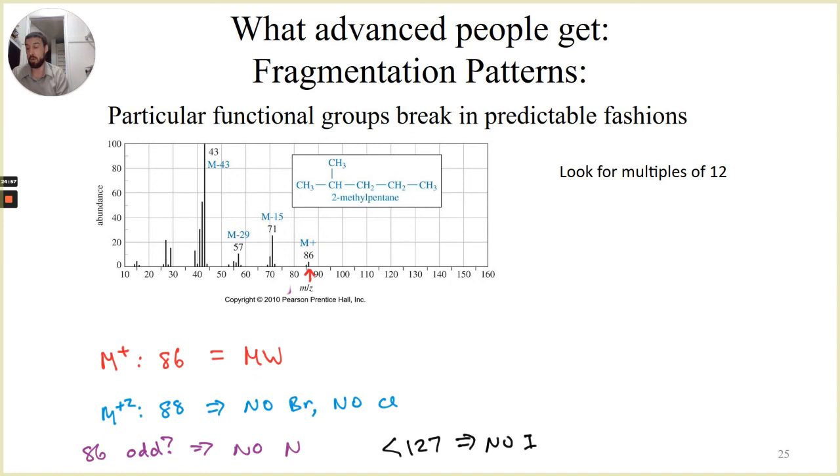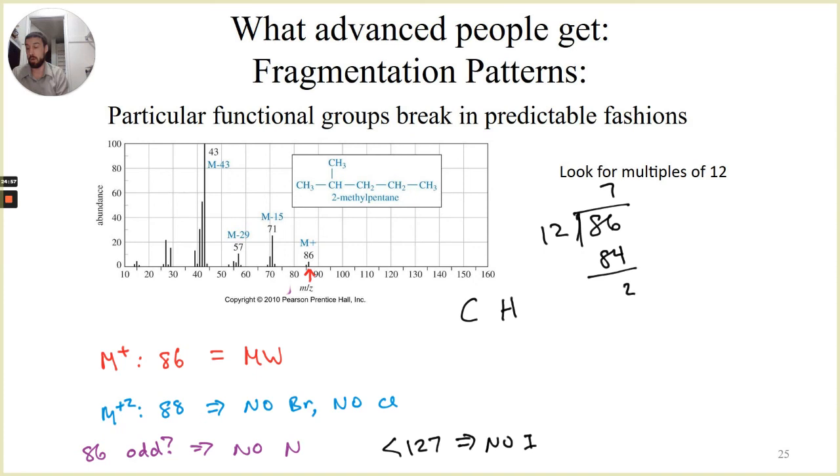The last thing that I would ask you to go through and do, this video is taking way longer than I wanted, was take a look at that 86. Since I don't have any evidence of all the other ones, I'm going to say that it is composed of carbon and hydrogen. Carbon has a mass of 12. How many times does 12 fit into 86? I think it's 7, and we would get 84.